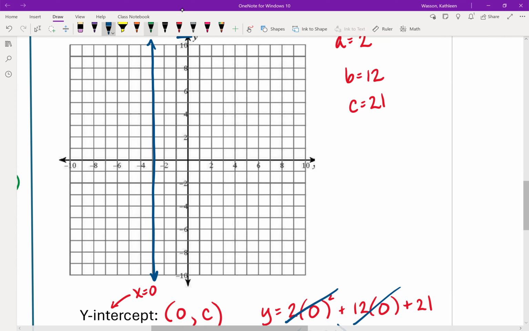So regardless of what the y is, x remains constant. It's always negative 3. It's a vertical line. My vertex will be on this line. The axis of symmetry goes through the vertex.